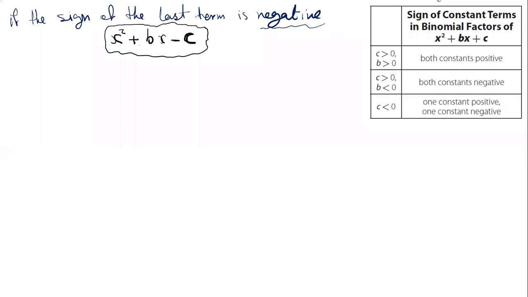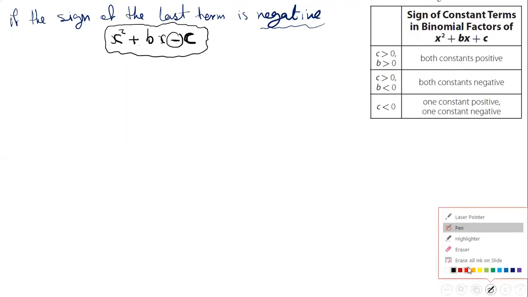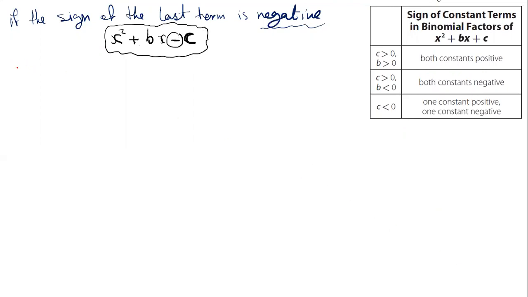The second case is if the sign of the last term is negative, that is, C is negative. So what are the rules?